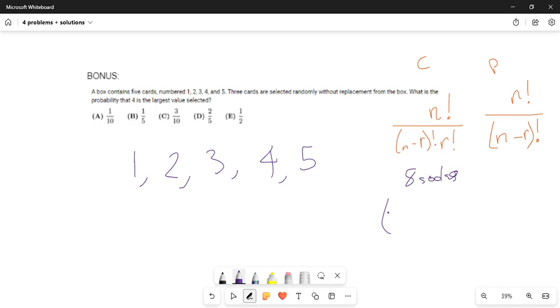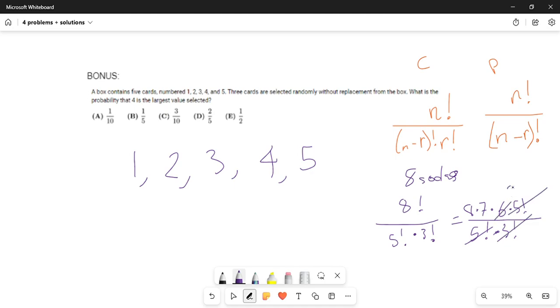Using the formula, you get 8 factorial over 5 factorial times 3 factorial. 8 factorial is just 8 times 7 times 6 times 5 factorial, and the 5 factorials cancel.